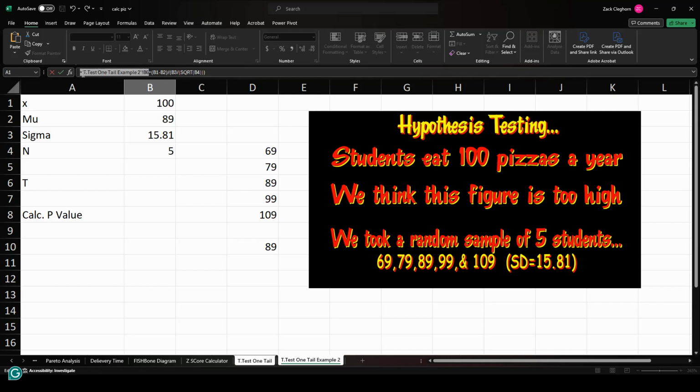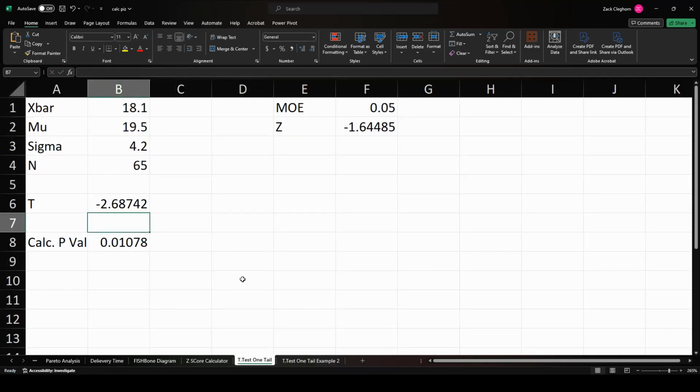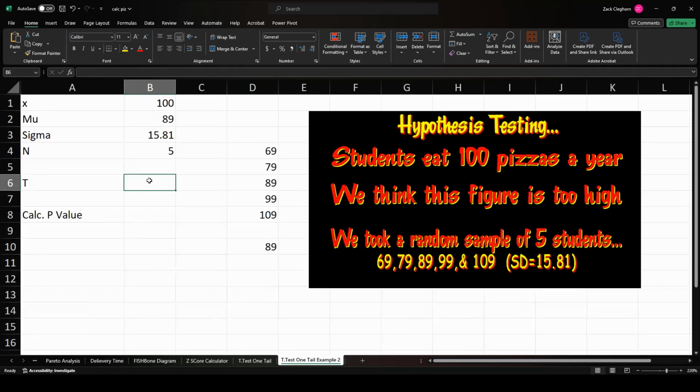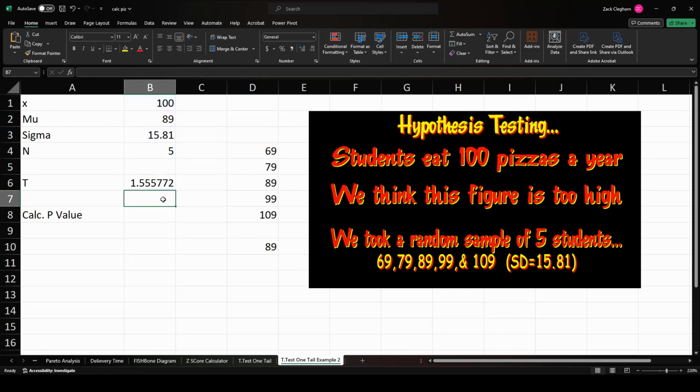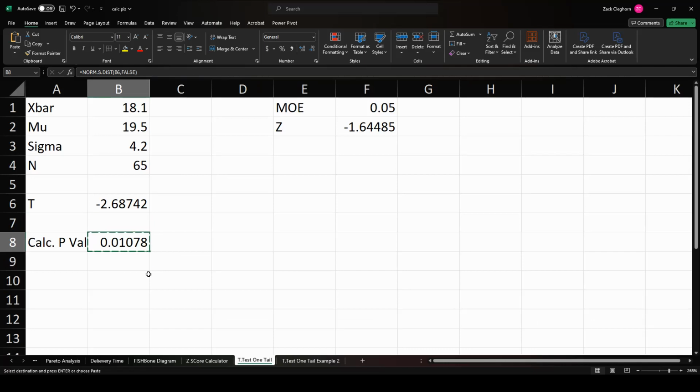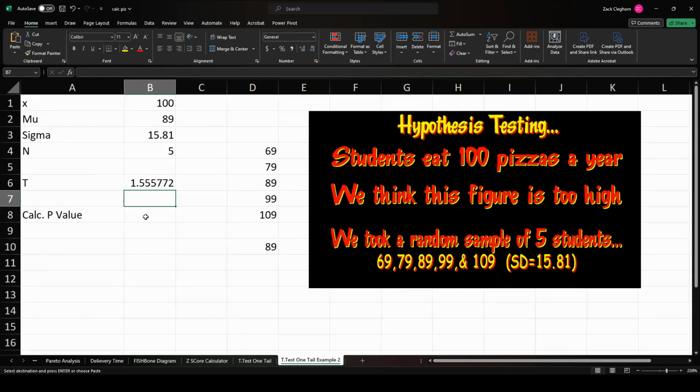Oh, I gotta delete that real fast. I'm just calculating, moving these values over. I can show you what they are in here.